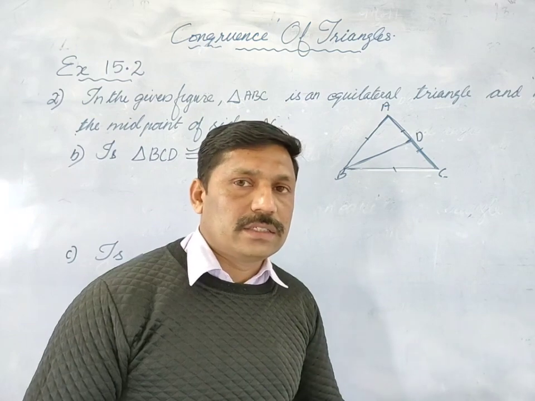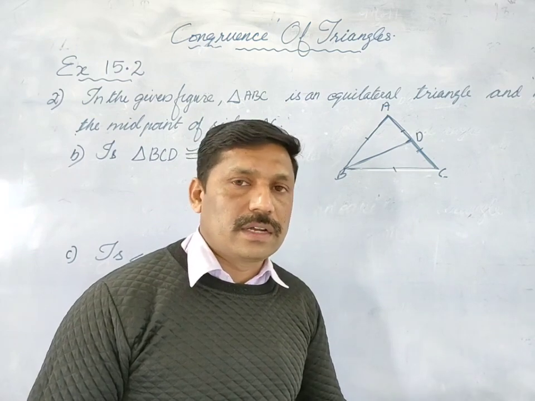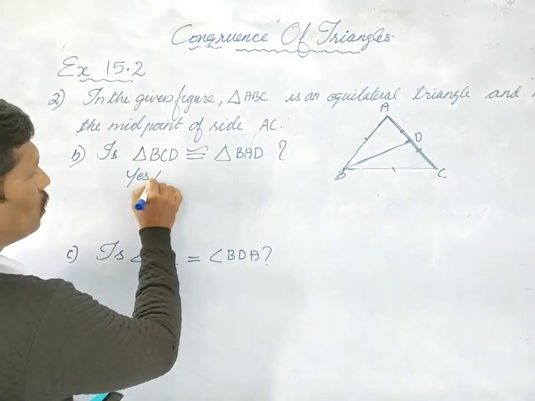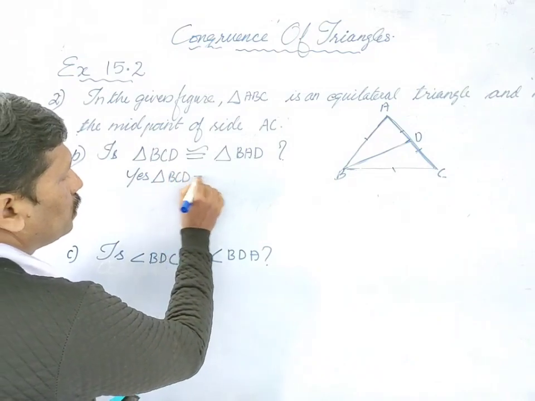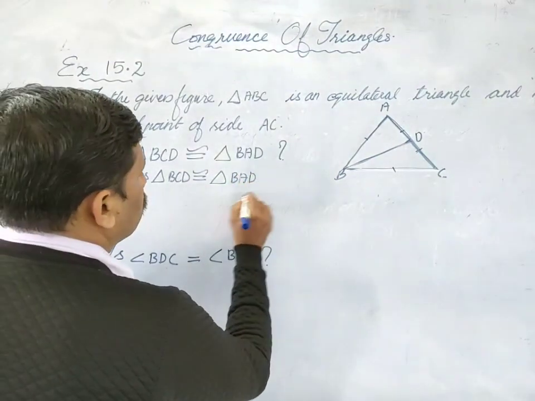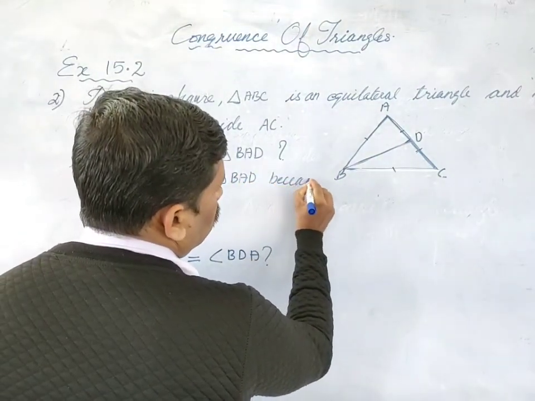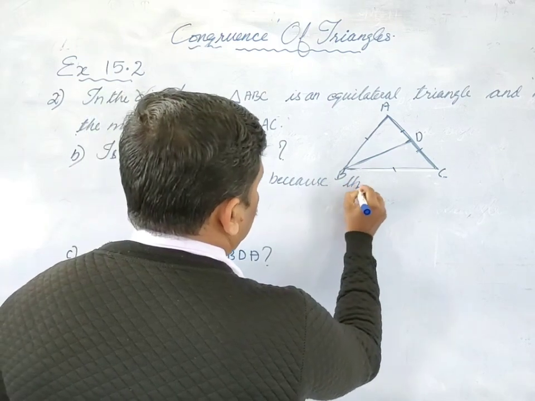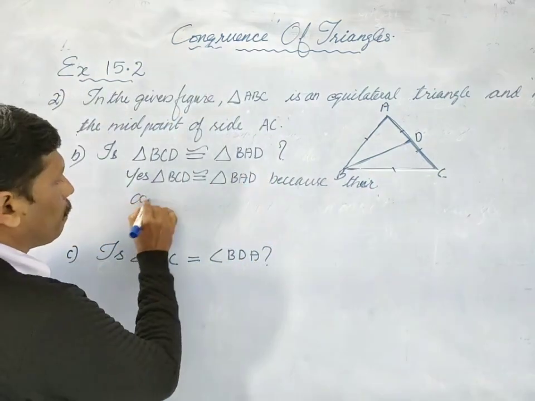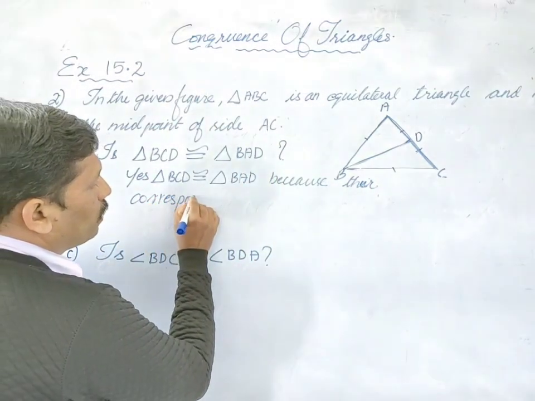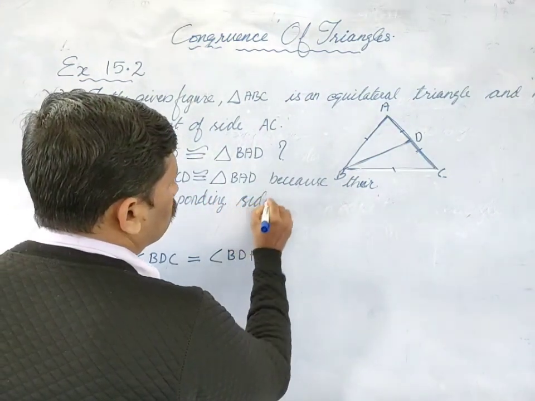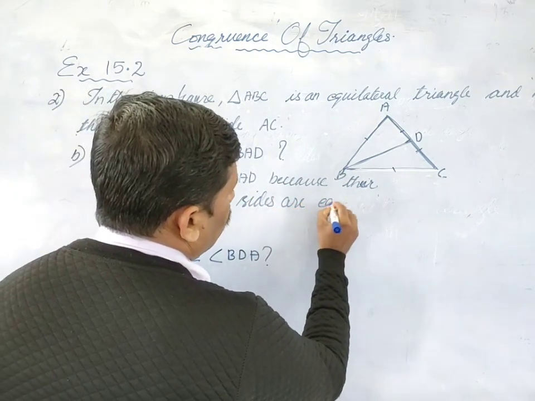So we can write yes, triangle BCD is congruent to triangle BAD because their corresponding sides are equal.